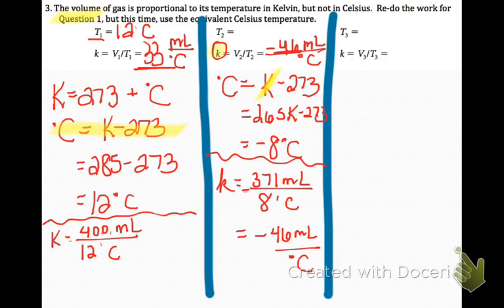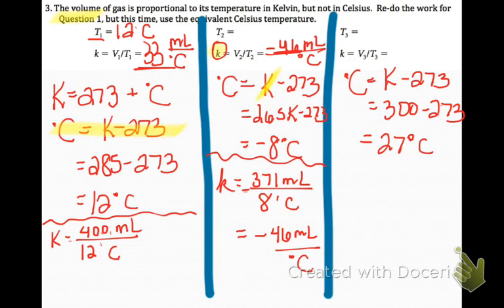And I'll go ahead and do number 3, or T3. My degrees Celsius is equal to K minus 273. My Kelvin temperature in the initial experiment for the third trial was 300 K minus 273. And that gives me 27 degrees Celsius.